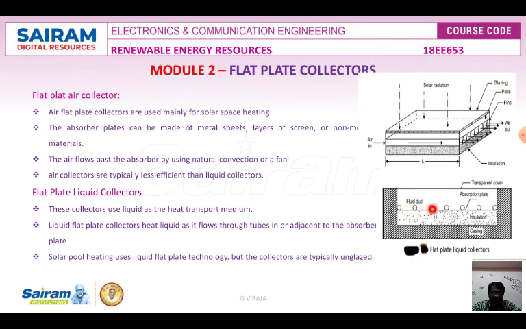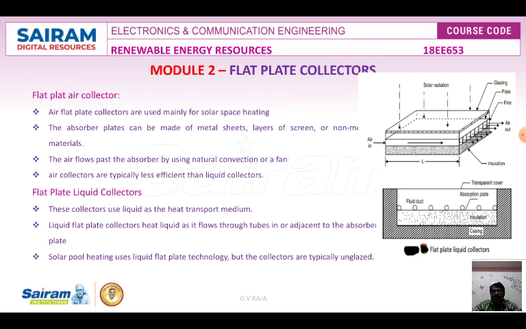Inside the duct the fluid is passed, and the absorption plate absorbs the solar energy. The upper part of the absorption plate is a transparent glass or a plastic sheet cover.